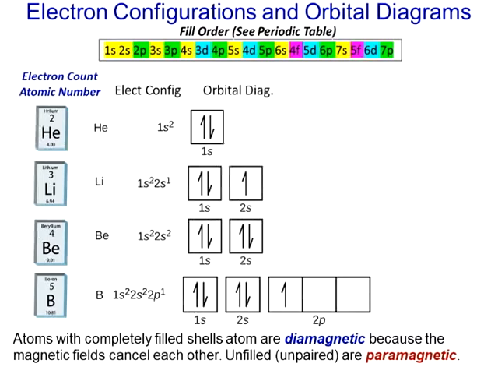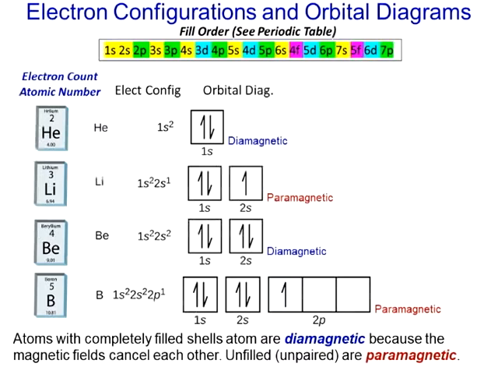All right? Now, atoms with completely filled shells are called diamagnetic. That's a term you have to memorize and just know. Completely filled is diamagnetic because the magnetic fields cancel each other out. Okay? If there's unfilled or unpaired, and you'll hear paramagnetic means unpaired electrons. Okay? That means it's not filled. If they're unpaired, that means it's not filled. Okay? When they're paired, that means it's filled.